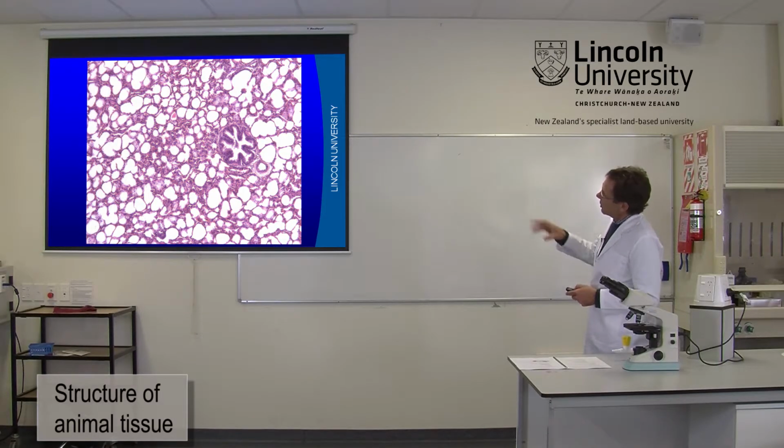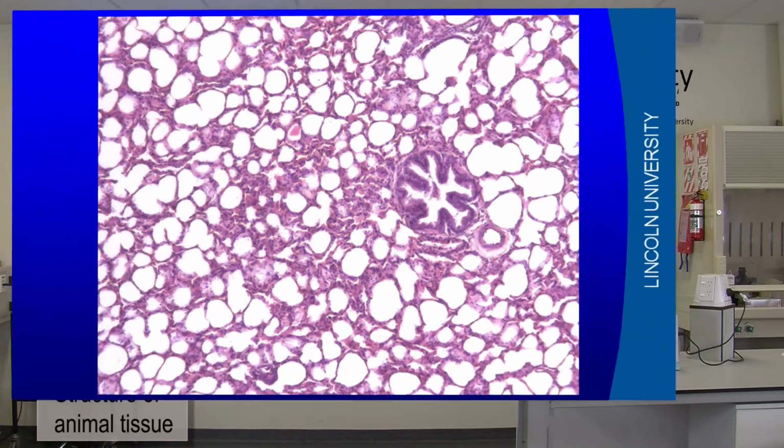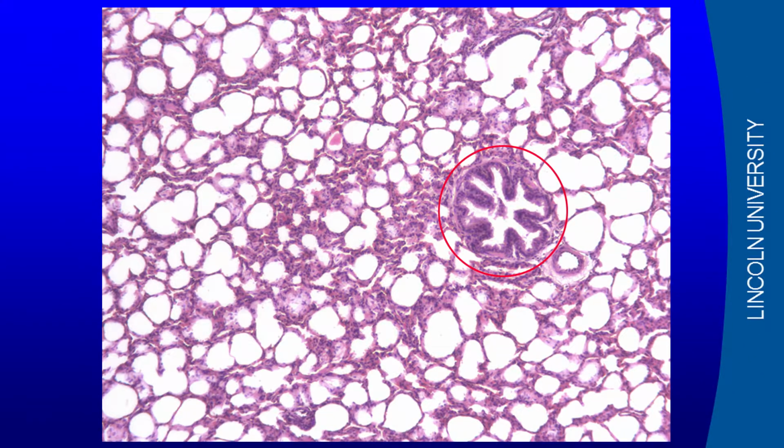So going into this alveolar tissue, all these little air sacs here, and here we've got a tiny airway, and there's no cartilage associated with this airway. And when you get an airway without cartilage, it's called a bronchiole. The previous one that we looked at that still had cartilage around it is called a bronchus, but when there's no cartilage, it's called a bronchiole.